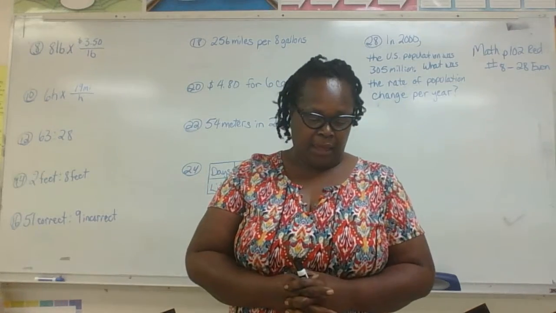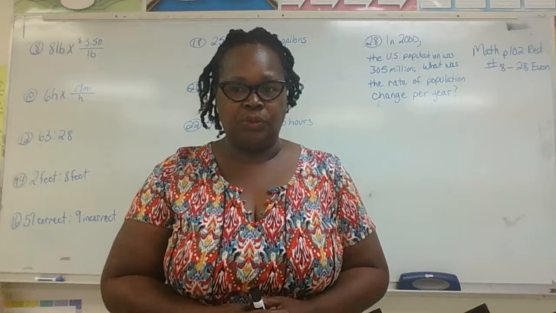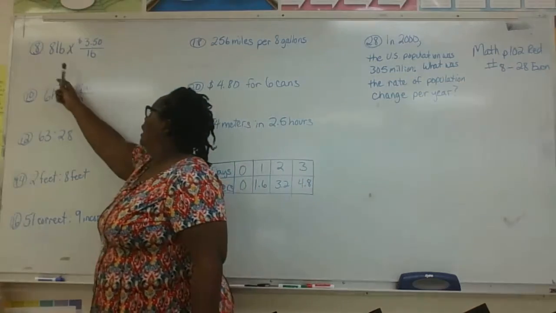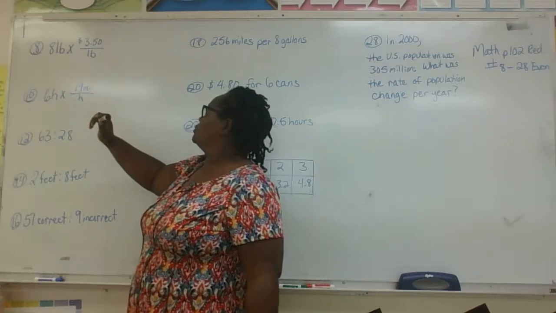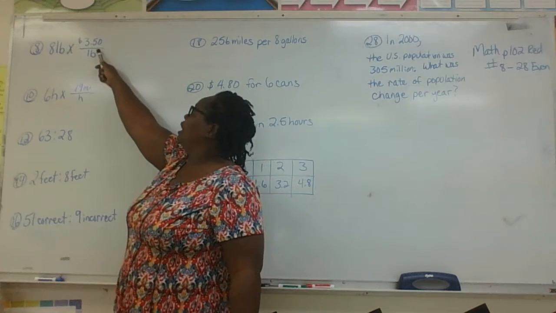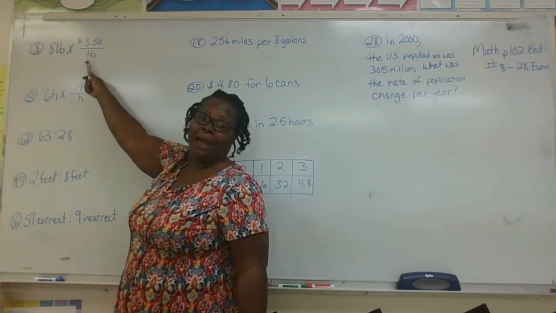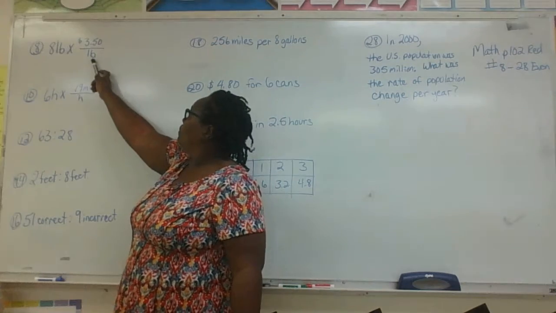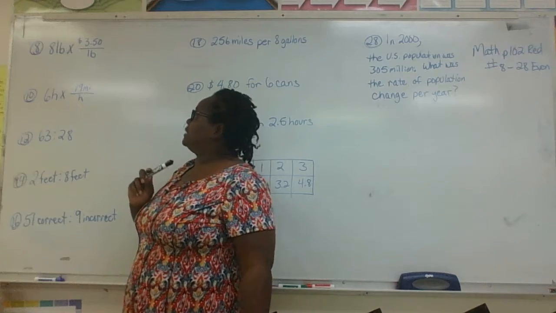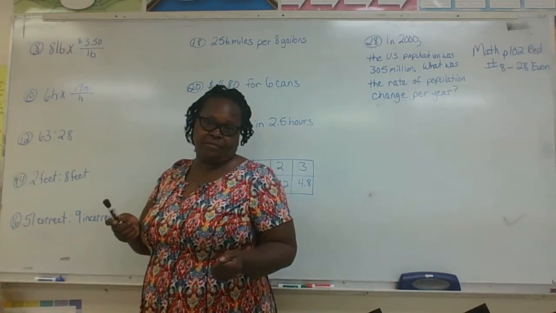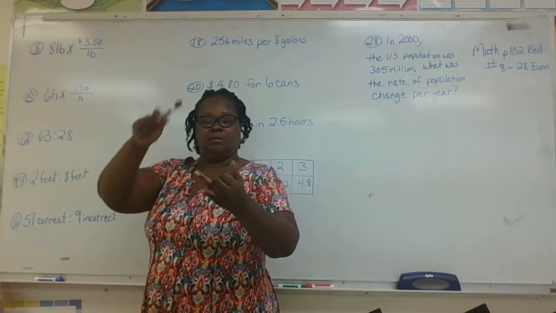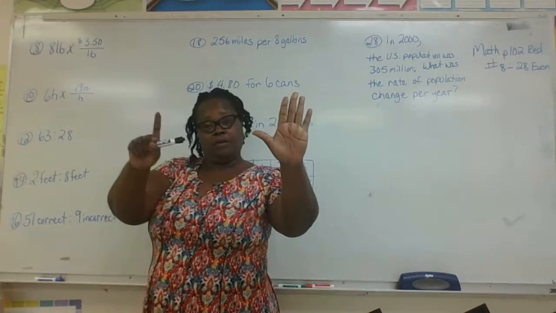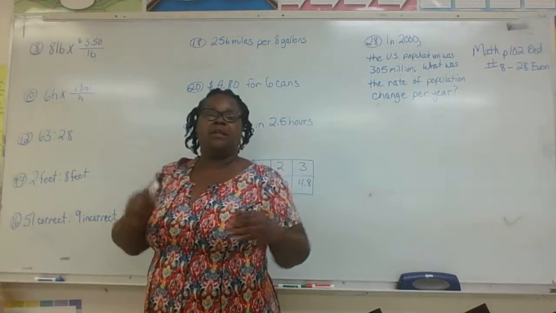If we look in our textbook on page 102, numbers 8 and 10, they're asking us to find the product, list the units. Okay, so here we have 8 pounds, that is $3.50 a pound. If 1 pound is $3.50, we need 8 of them. So that's 350, 350, 350, 350, 350, 350, 350, 350. 8 of them.